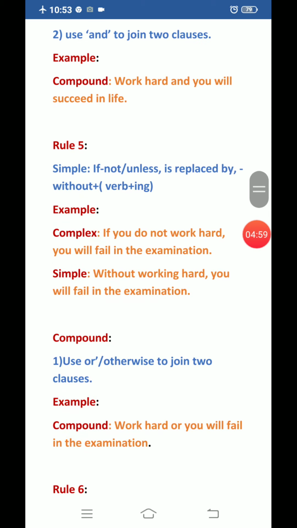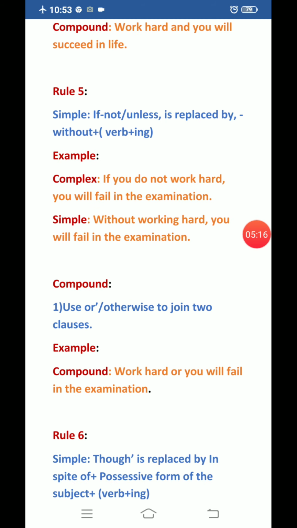Rule number 5, simple sentence to be followed from complex sentences: if not or unless is replaced by without plus verb plus ing. Complex sentence: if you do not work hard, you will fail in the examination.